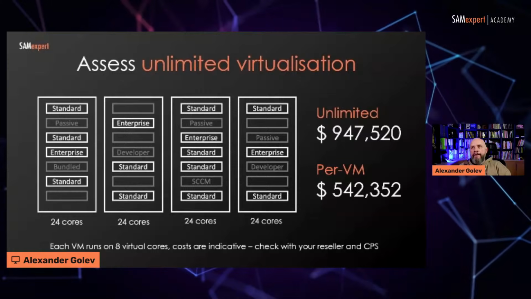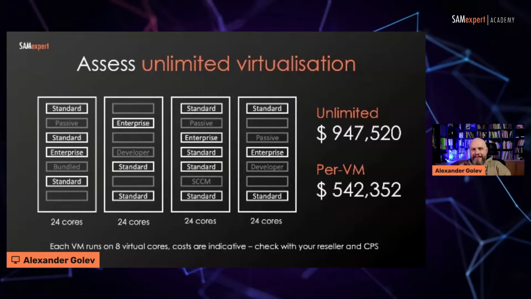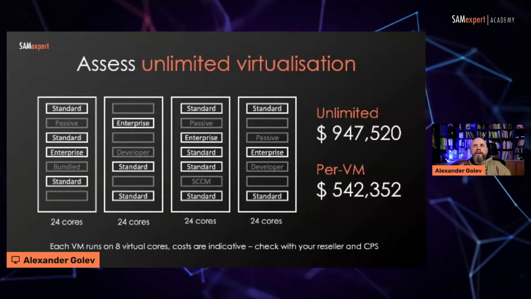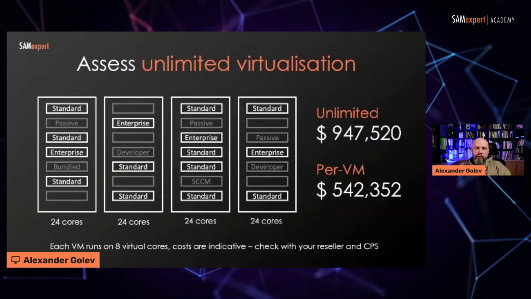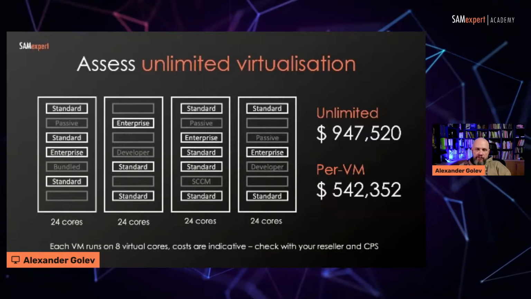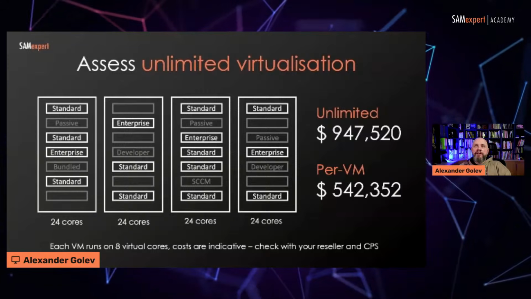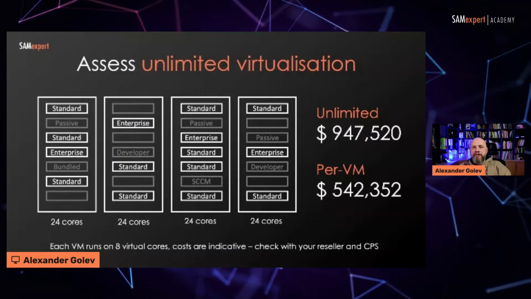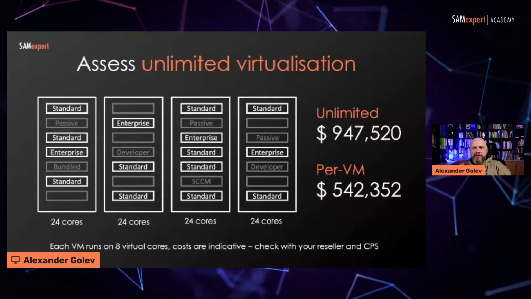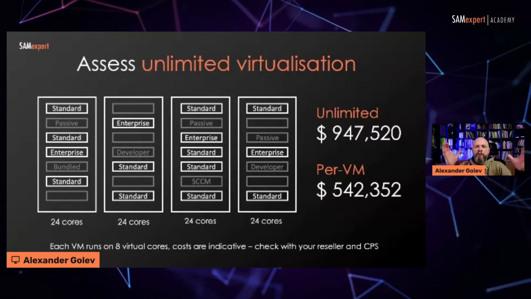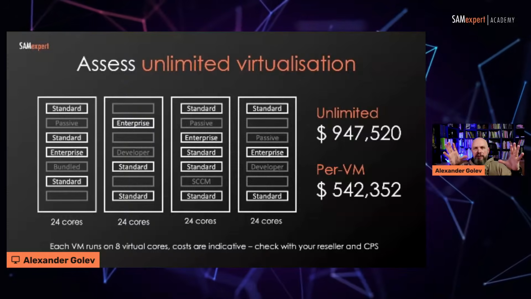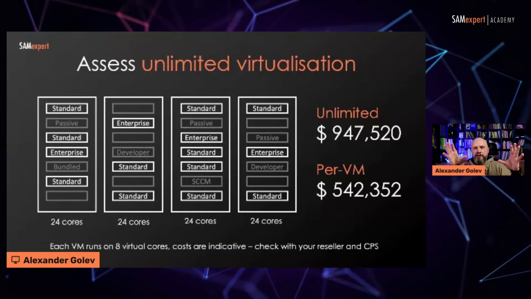And the reason was there's not enough density of licensable instances. And also, if you remember, Standard is 1/4 of the cost of Enterprise. So if you have a mixture like this, development in the same cluster, passive nodes in the same cluster, empty virtual machines or Linux virtual machines in the same cluster, then you dilute the compute capacity of the cluster and you don't get the benefit of consolidation in this case.